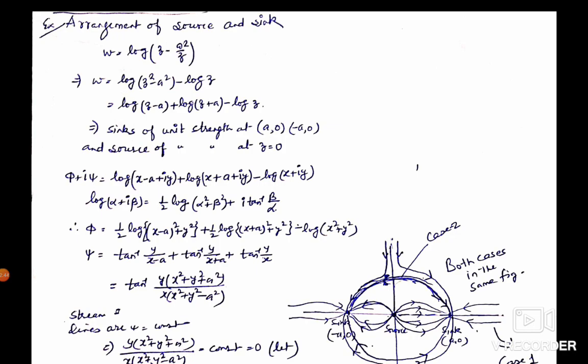And there may be another type where they will tell you which source, which sink is there in the flow region, and they will ask you to frame the complex potential. This is the first type of question in which W is given, W is log z minus a square upon z, and they are asking you what is the arrangement of source and sink here.